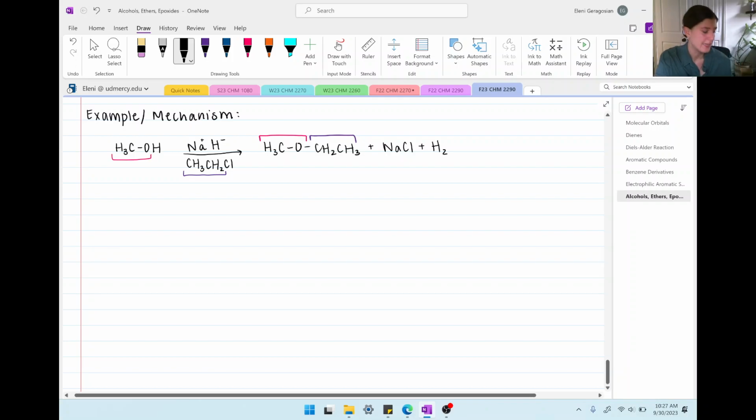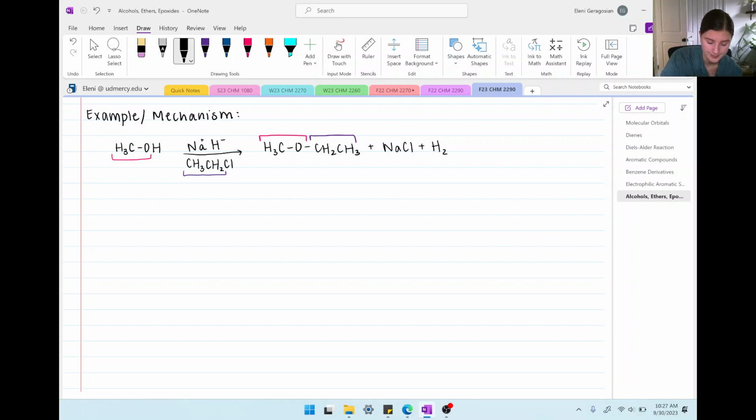Let's now go through the mechanism to really explain what's going on here. So if we have methanol, this is our alcohol. We have sodium hydride, which we said is a strong base.